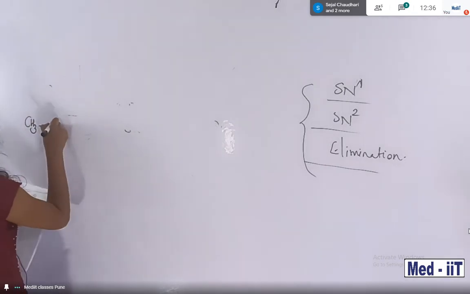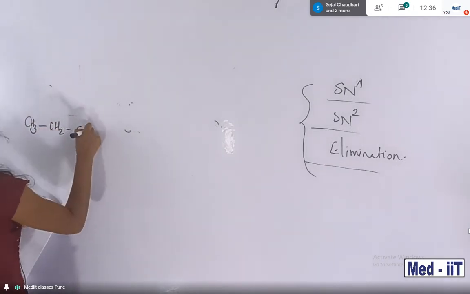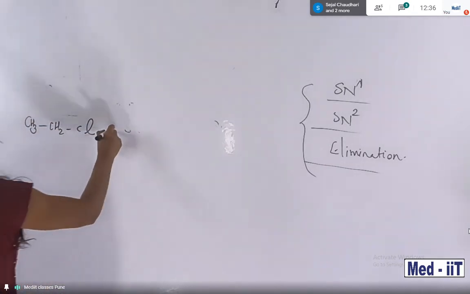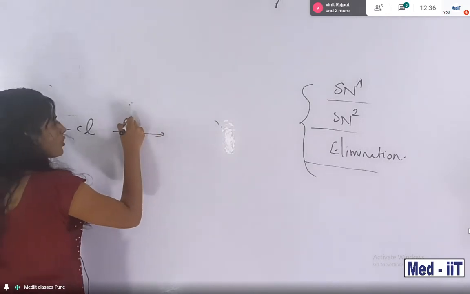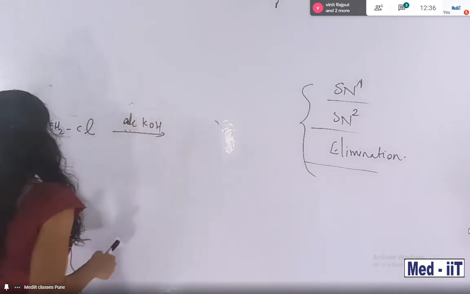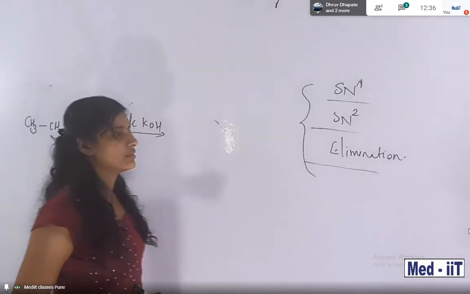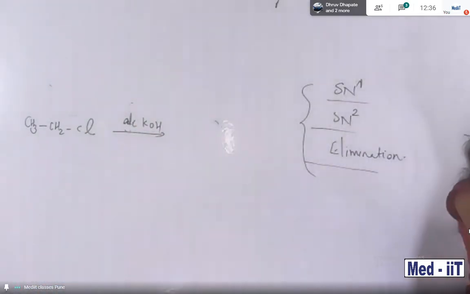CH3CH2Cl, again with KOH. Predict, then tell me, text me. Sejal, try.